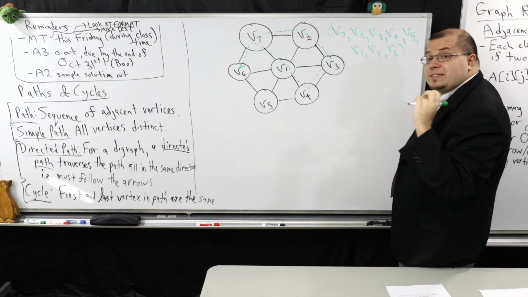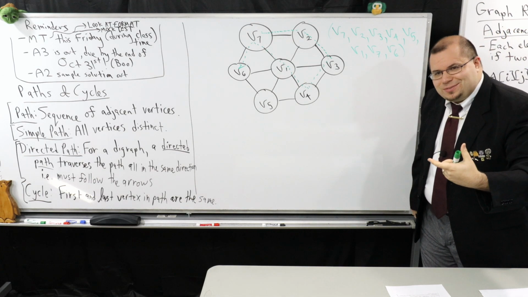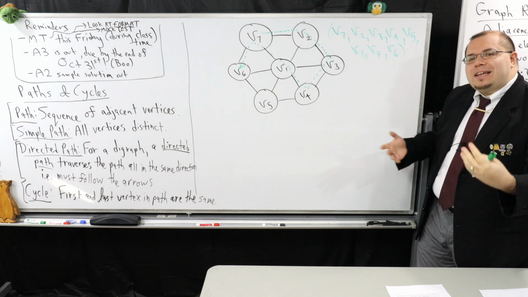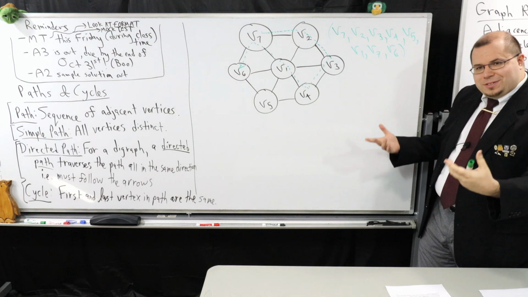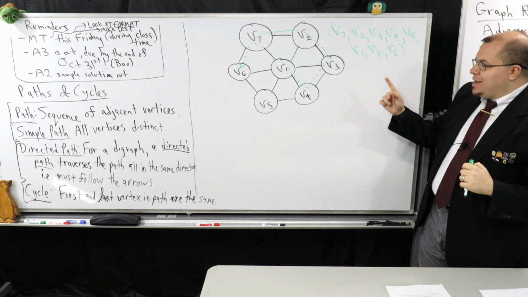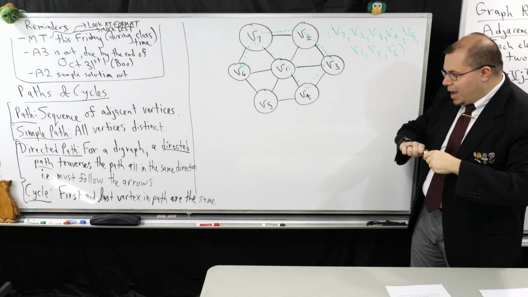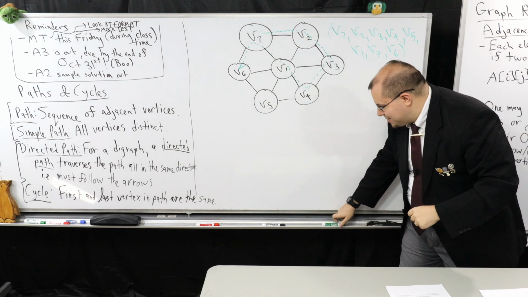I could give them to you as a list of vertices, or I can give them as a list of edges. I must stress that somebody can give them in either form, and that is a valid way of representing a path.